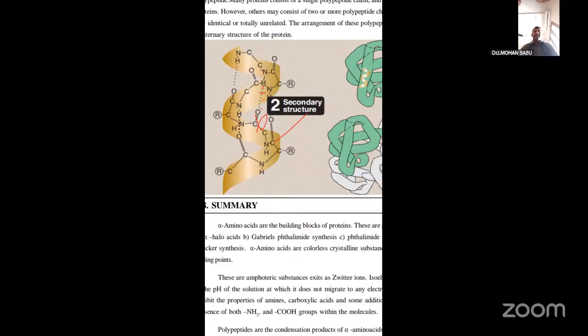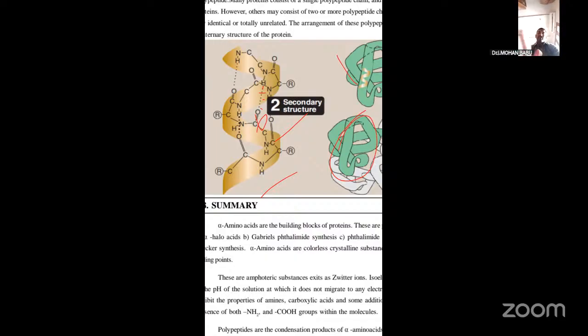If you see the tertiary structure, it is a very complex structure. The secondary structure is somewhat more complex than the primary, but still has some clear visibility. In the tertiary structure, there is a zigzag structure, and the bonding between the groups is not clearly visible.